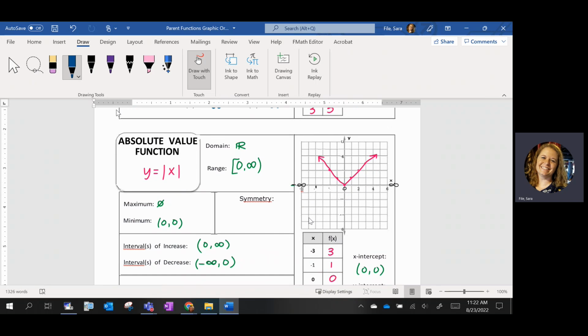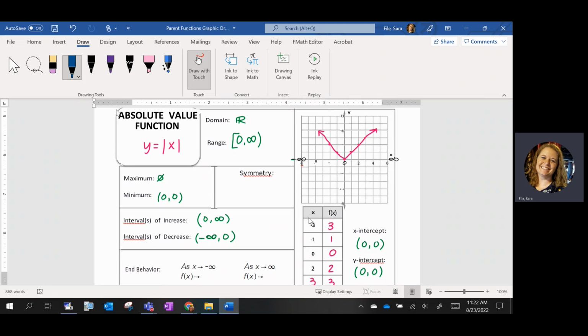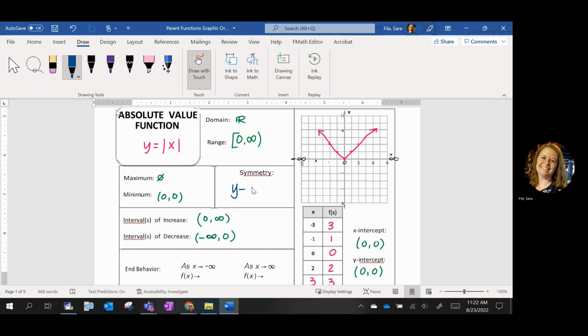Okay, absolute value. Do you see any symmetry here? Y-axis symmetry, good. Now, that's for the parent function. If this is shifted left or right, it no longer has the vertex on the y-axis, so it loses that y-axis symmetry. But the parent function is symmetric about the y-axis.